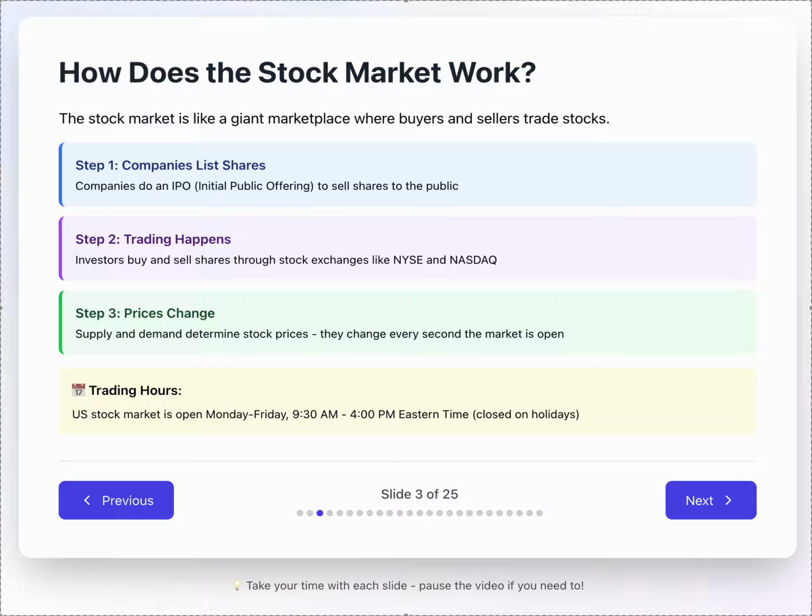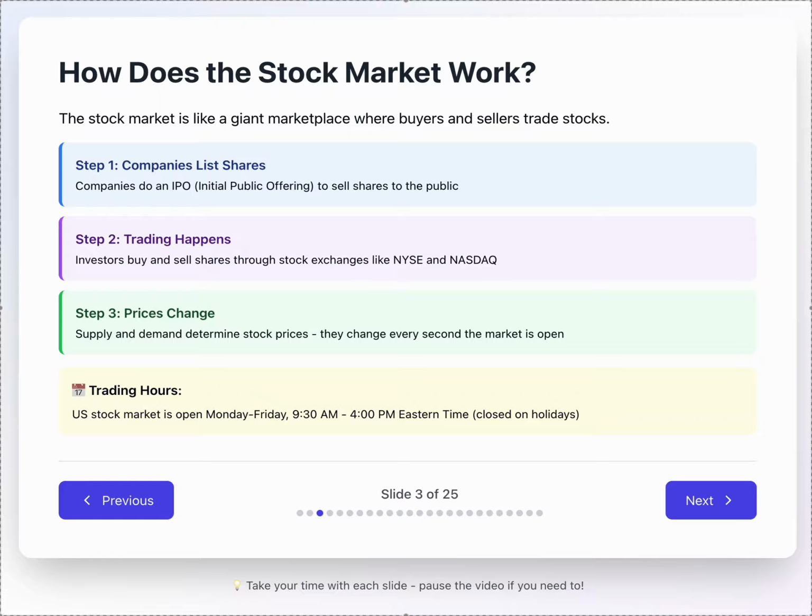Here's how it works in 3 steps. First, companies decide to go public and list their shares. They do something called an IPO, an initial public offering, where they sell shares to the public for the first time. You might remember companies like Airbnb or Coinbase having big IPO days.